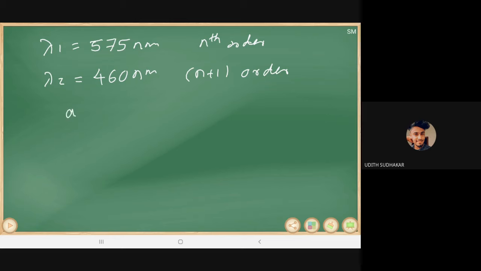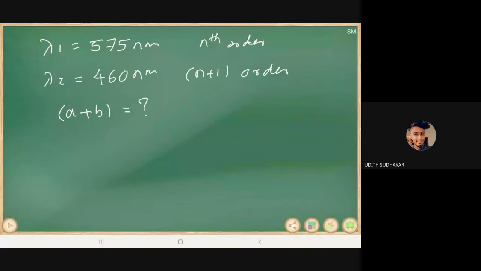Let me read the question again. When a diffraction grating is used at normal incidence, the image at 20 degree consists of a yellow line of wavelength 575 nanometer of the nth order spectrum superimposed on a blue line of 460 nanometer of order n plus 1. What is the width of the grating element?